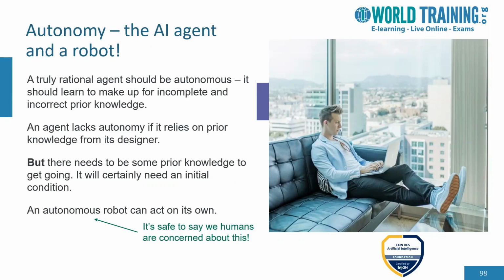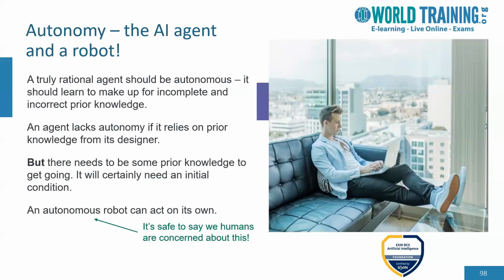An agent which lacks autonomy will rely on the prior knowledge from the designer. So if the agent is not autonomous and doesn't have that capability, then it will try to do a search based on the prior knowledge, based on the prior database, and that's how we try to take actions.